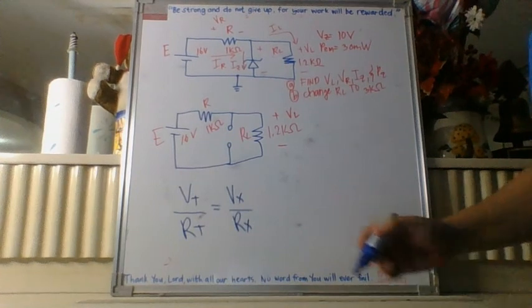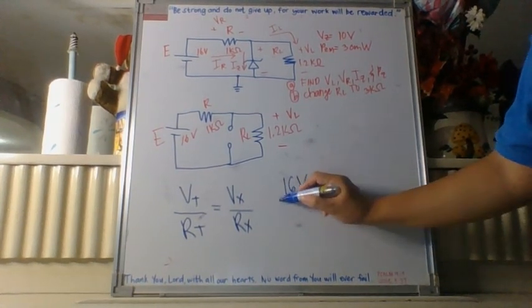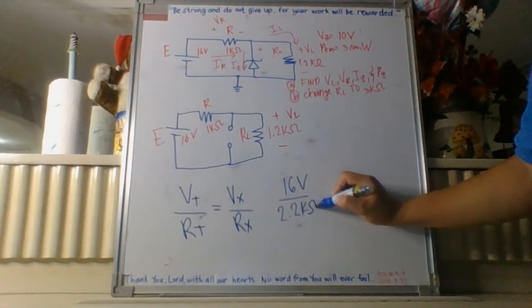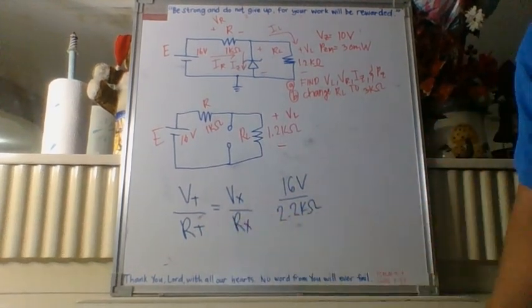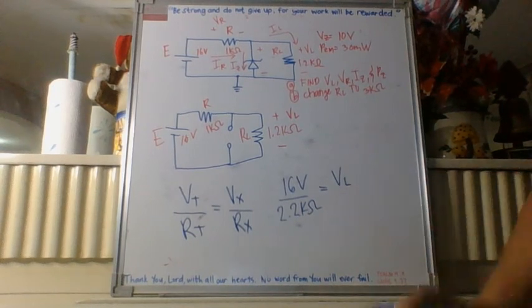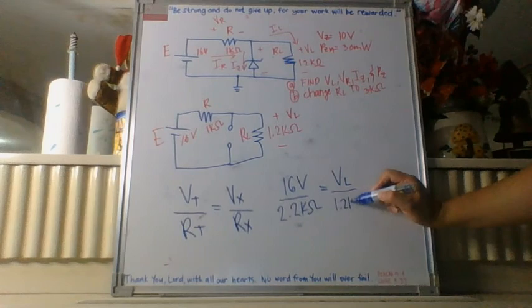Substituting the values, we have 16 volts divided by 2.2 kilo ohms. Dahil inadd natin yung resistance ng dalawa to get the total resistance, equals V sub L, the unknown value, divided by 1.2 kilo ohms.